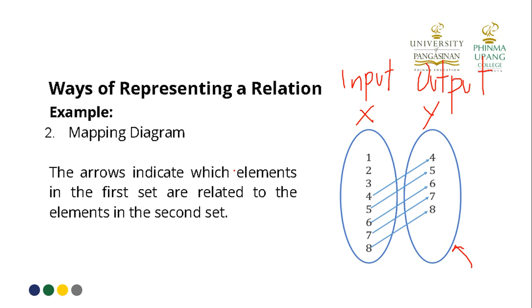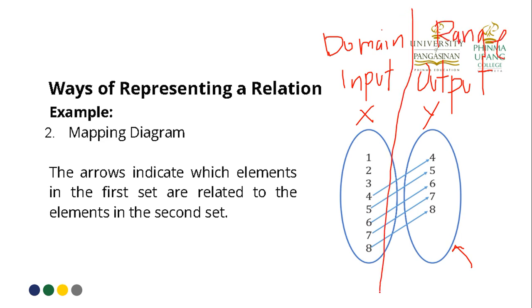Okay? The input is the set of all x in a relation, and the y or output is the set of all y in a relation. I repeat, the input we can call the domain, and the output we can call the range.